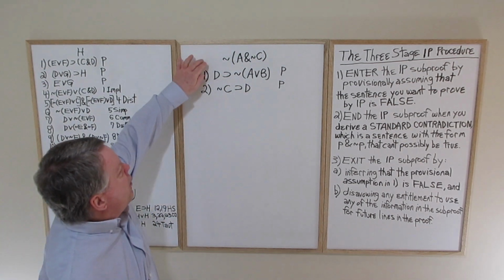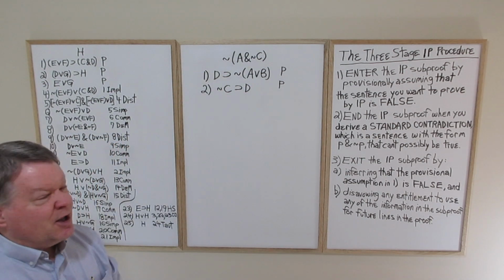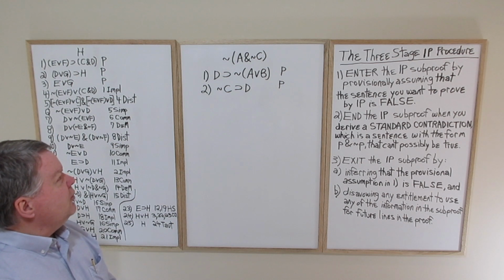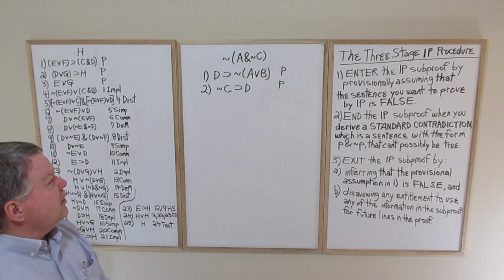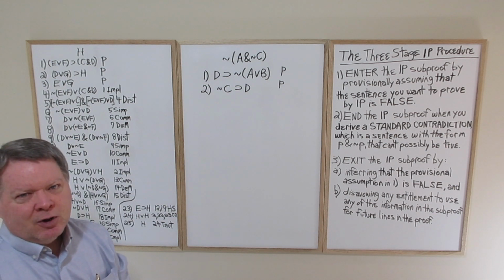In the case of wanting to prove a negation, as in this case, from the two premises, we want to conclude that the negated conjunction follows.